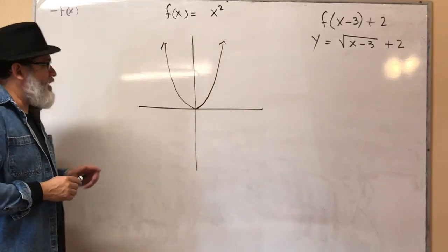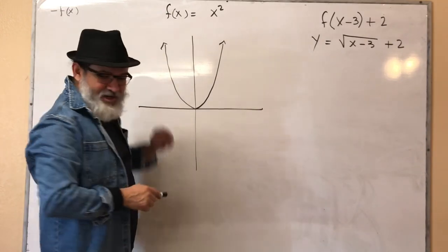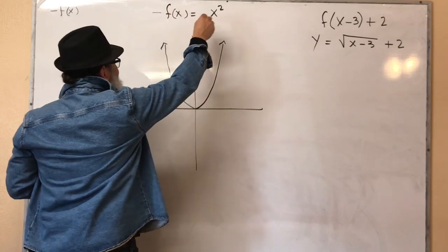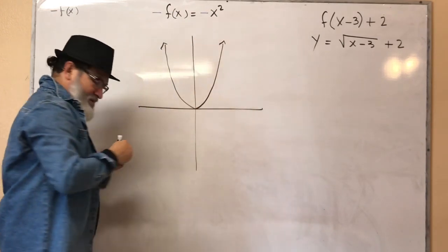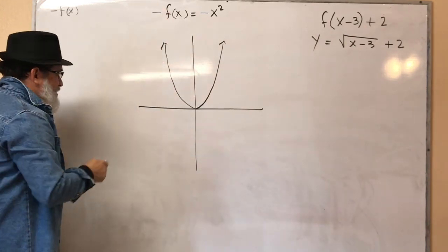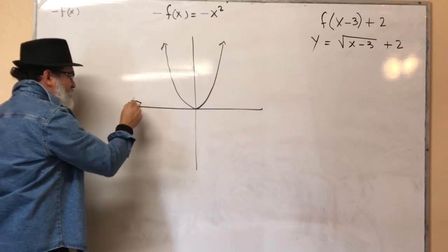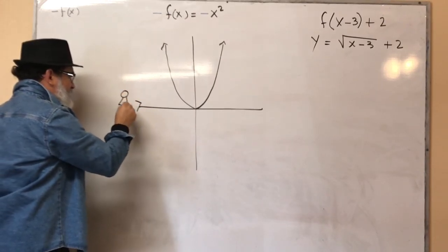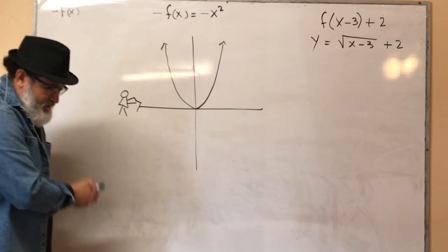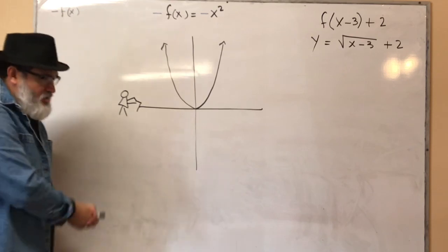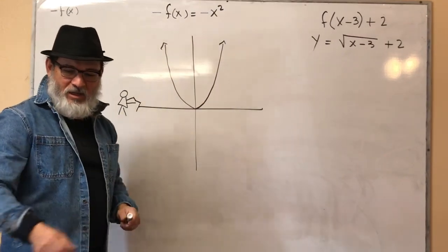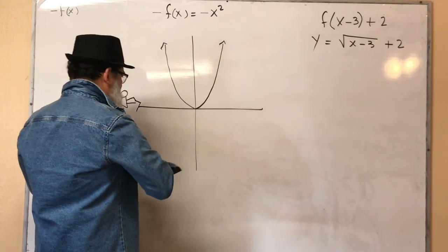When you multiply this by a negative, and this by a negative, that's a reflection across the x-axis. What you're doing is you take the lever, grab the lever, and you start turning 180 degrees. And this is going to begin to come down, okay? And it's going to look like this.